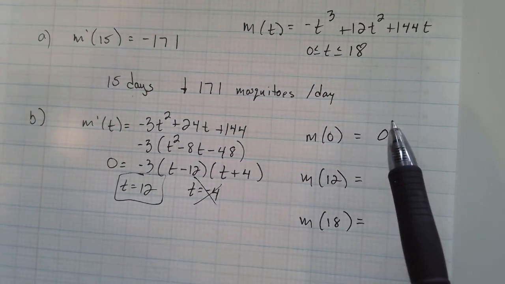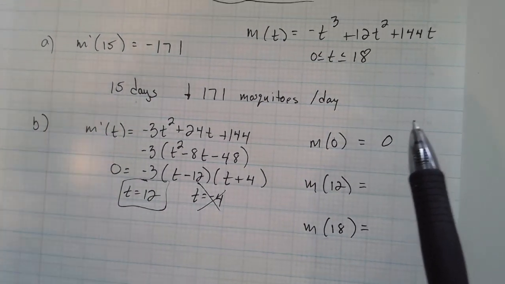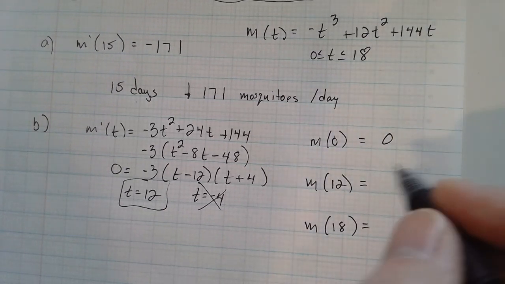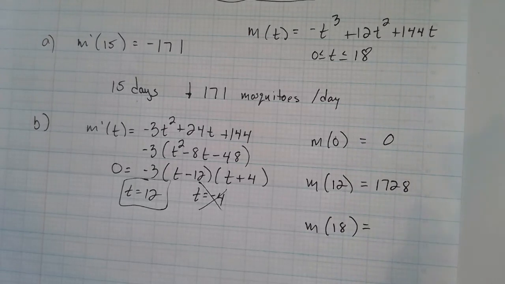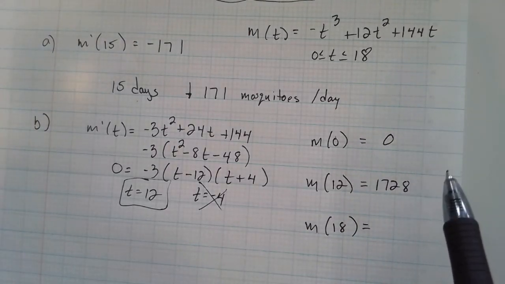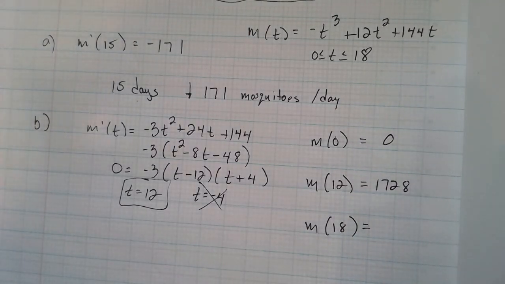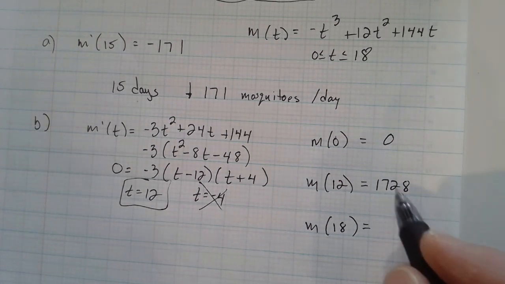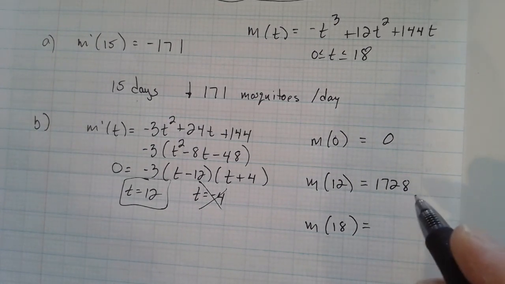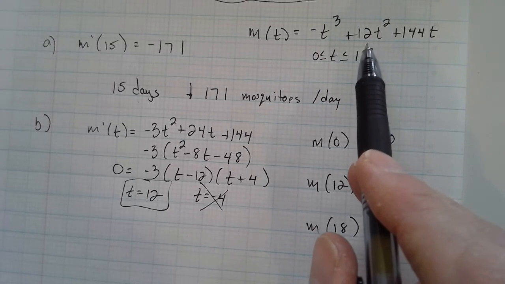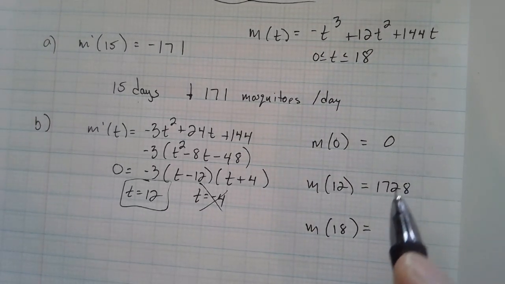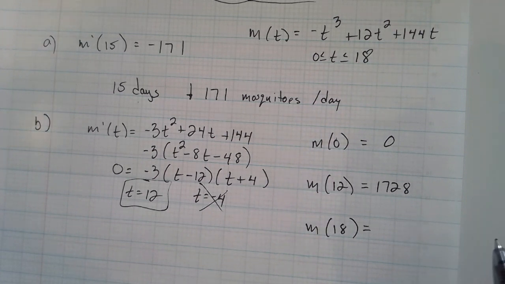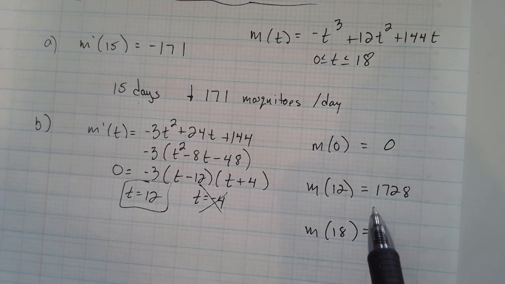Let's see what their answer says. M of 12 gives you 1,728. And M of 18 is some number that is less than 1,728. So our maximum in the interval is going to be 1,728 mosquitoes, and it happens at 12 days.